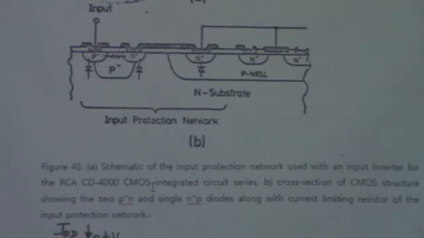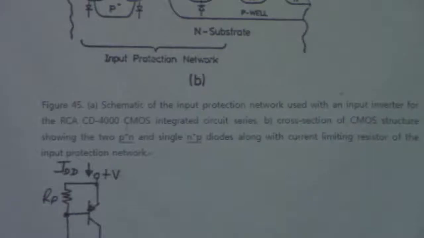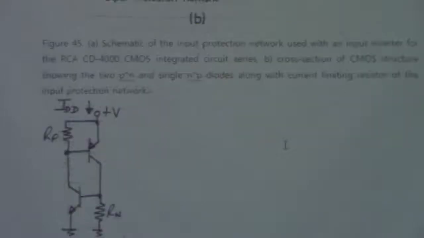So these two diodes, along with the current limiting resistor of the input protection network, will give you the latch-up current to turn on the bipolar transistors.